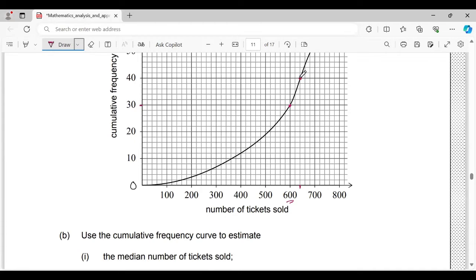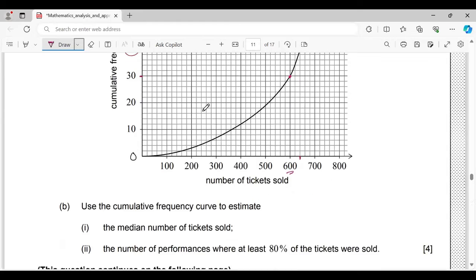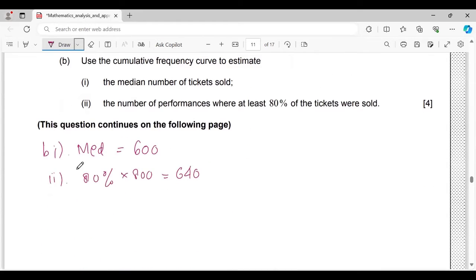Till here, the coordinate point, and the frequency is 40. So the answer is, the number of performances is 40. This is the number of performances with less than 80% tickets sold, right?